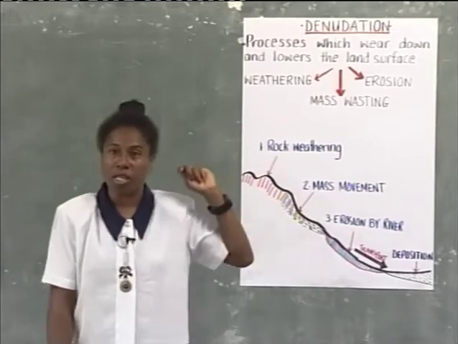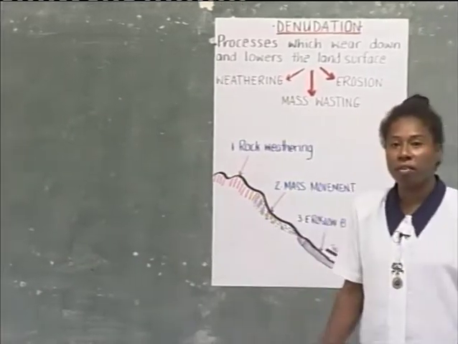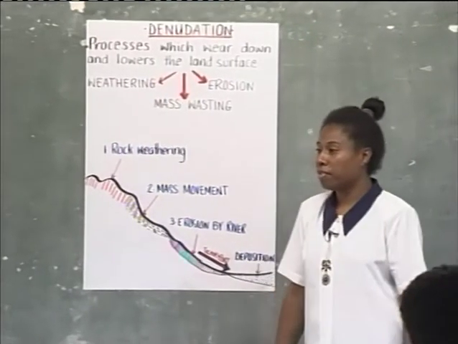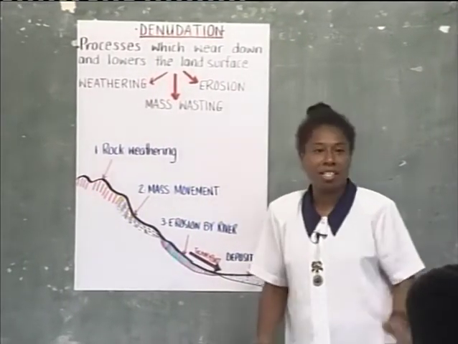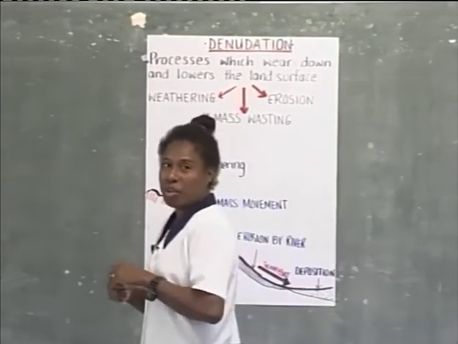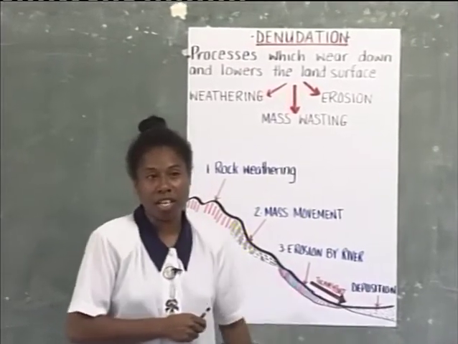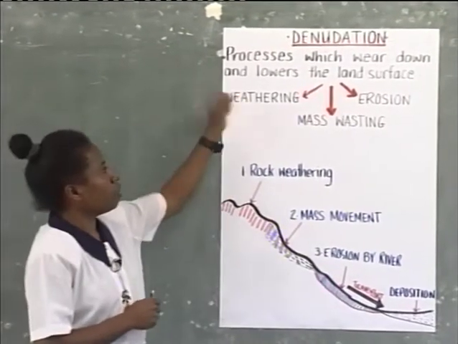Caleb, would you like to explain to the class why I did not include deposition as a process with denudation? Caleb doesn't know. Why do you think I have not given deposition as one of the processes which should come with denudation?